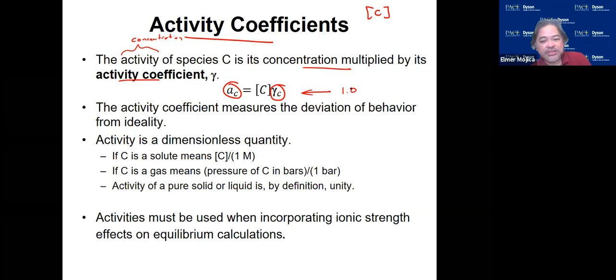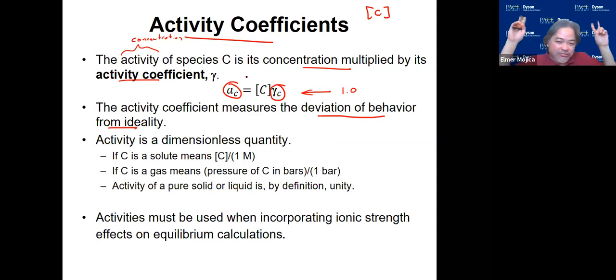So the activity coefficient measures the deviation of the behavior from ideality. That's why we said activity is equal to the concentration, because we assume that it behaved ideally. It is an ideal behavior.